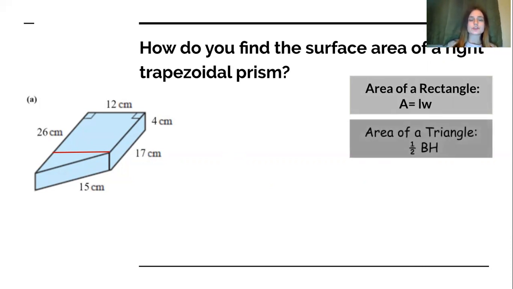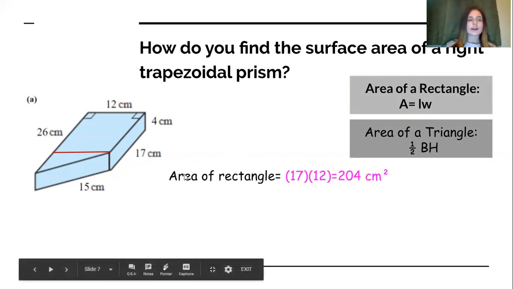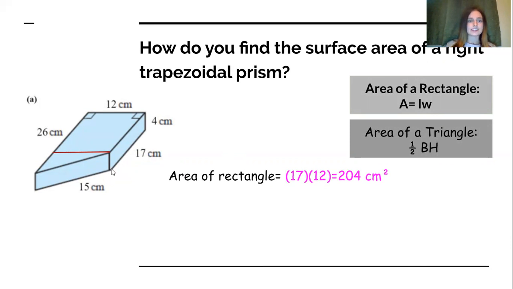And the area of a triangle formula is 1/2 base times height. So let's start out with doing the area of a rectangle. So for the area of our rectangle, we would do side length 17 times 12, our base and our height, or our length and our width, which is equal to 204 centimeters squared.